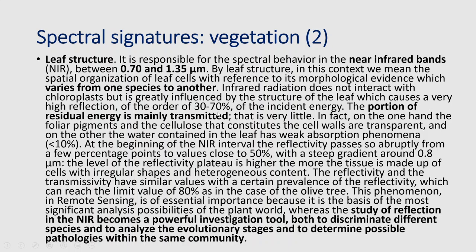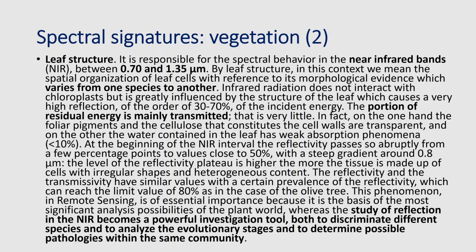Because in the near infrared, the vegetation is reflecting a great part of the energy that is striking over it. So 30–70%. And as you can see on the images, this is the only surface on the Earth's surface that is reflecting so much in this part of the spectrum.